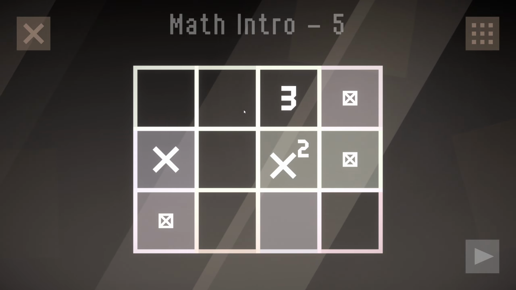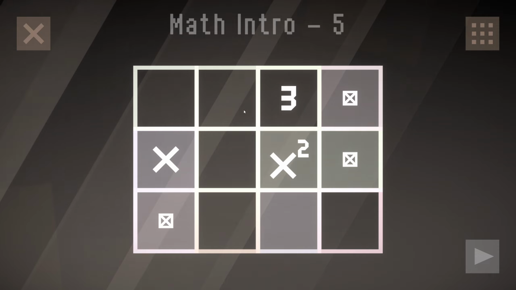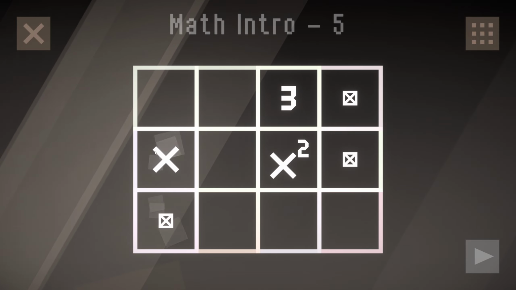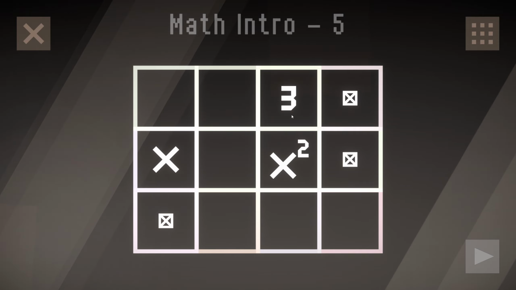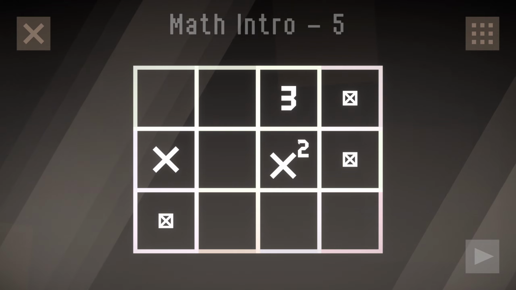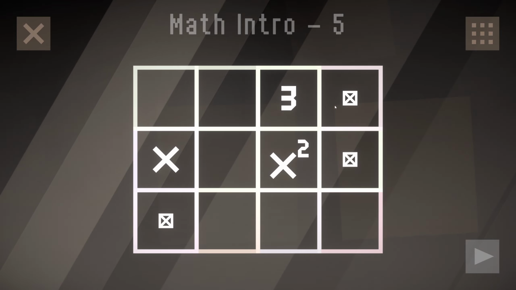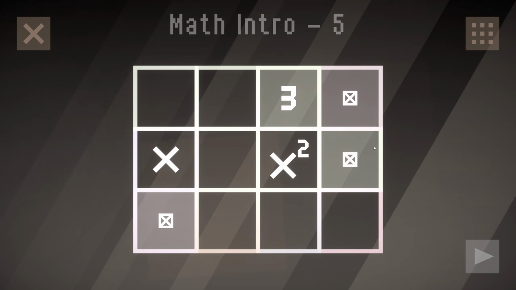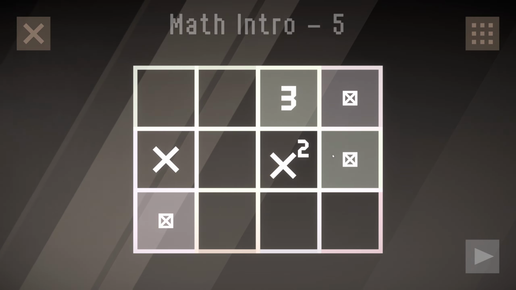How can I get the 3 and the x squared to be different? Because I don't think the 3 and the x squared can coexist. So I think these are on a separate binary to each other. Some of these are 1s, some of these are 0s. If we do that, can we divide up what's left in a meaningful way?